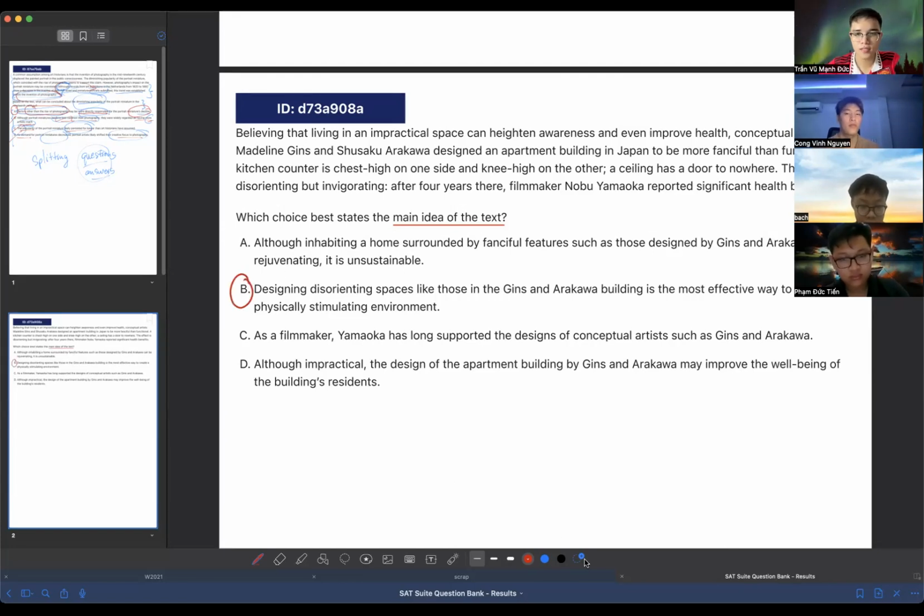Firstly, can you just separate the options A, B, C, and D for me? What is the most important thing about A?